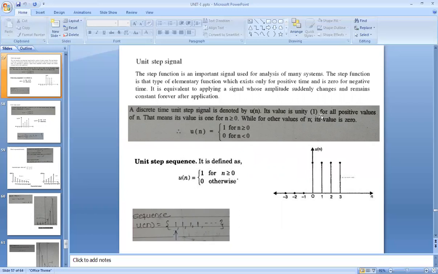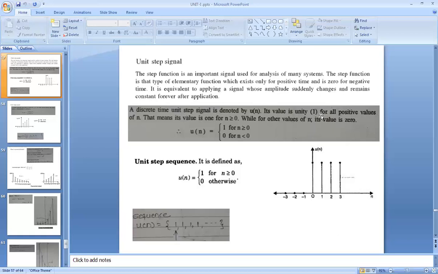That means its value is 1 for n greater than or equal to 0, and in all other cases of n, its value is always 0. So mathematically you can write u of n is equal to 1 for n greater than or equal to 0, and u of n is equal to 0 for n less than 0.